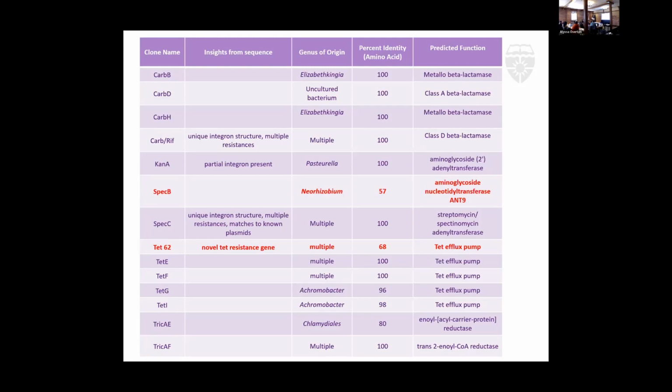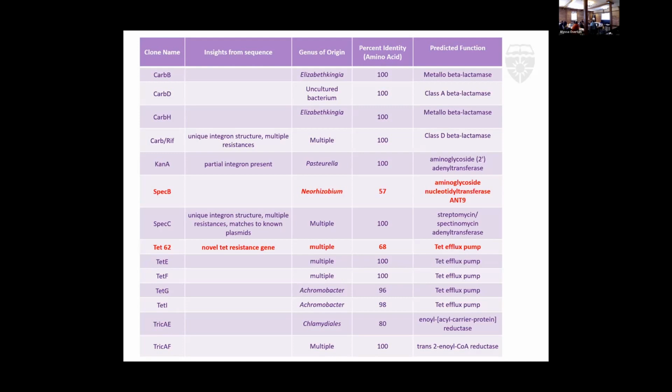I've got a couple highlighted in red because they highlight a few different aspects of novelty that we were looking for. The first one, and I'll jump to the bottom here, is TET62. This gave growth on tetracycline. When we looked at the active gene there and the product itself, it was 68% identical to the closest known homolog in the database.